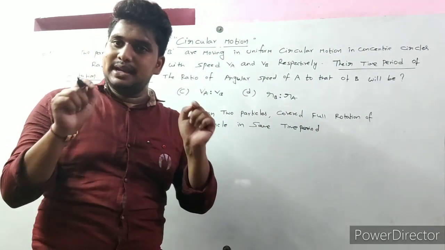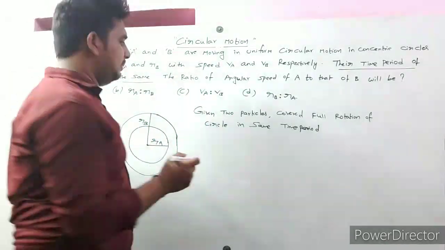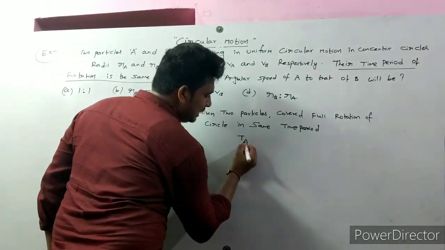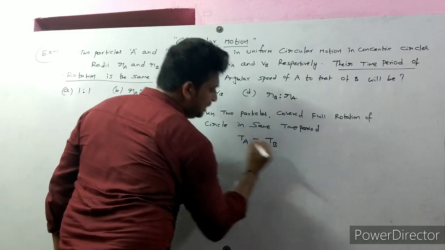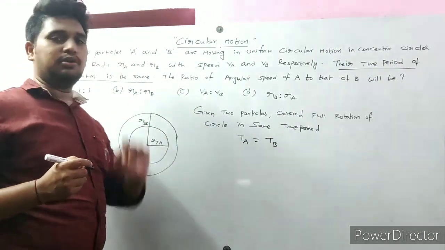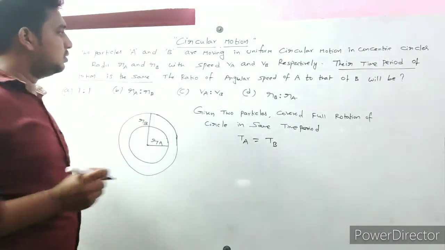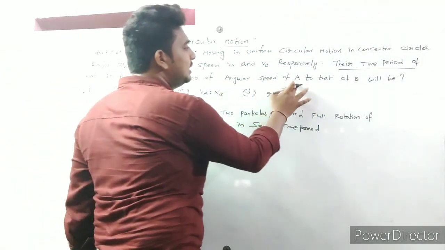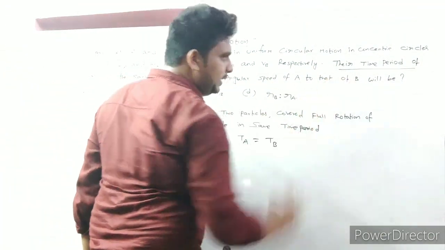So that means the time period is the same. Let us consider the time period of particle A is TA, and of particle B is TB. So TA is equal to TB is given. What is asked in the question? The ratio of angular speed of A to that of B.